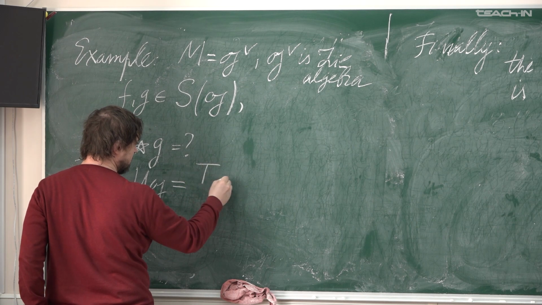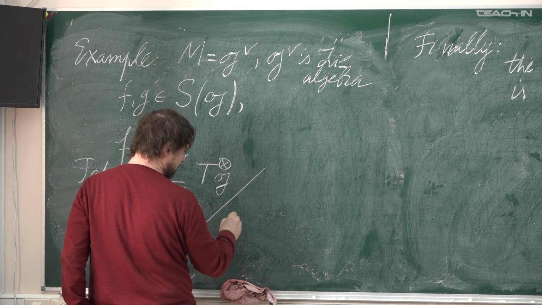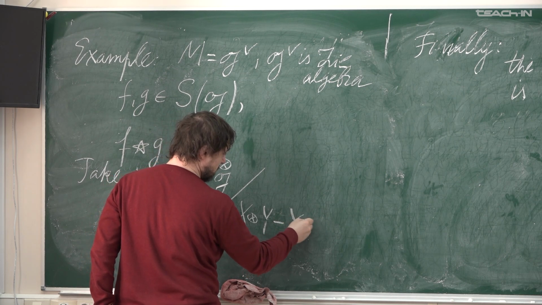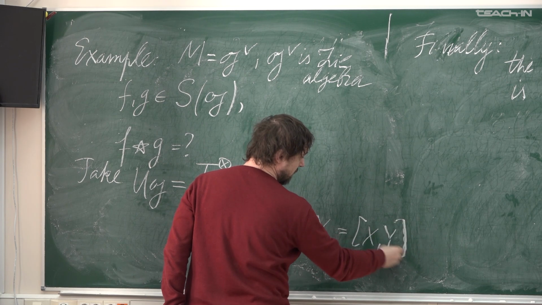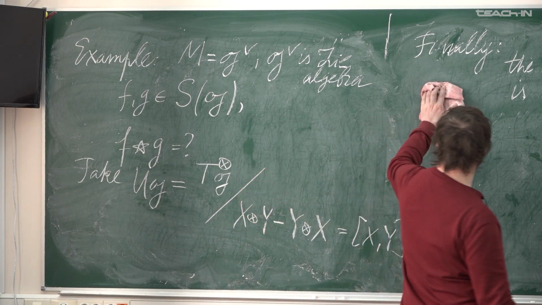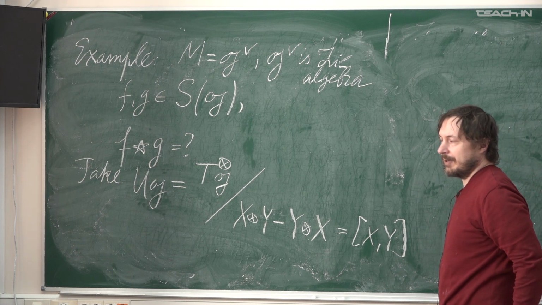Let me recall that it is just the tensor algebra of g, where you quotient out by the relation x tensor y minus y tensor x is equal to the commutator of x and y in the algebra sense. Then by the Poincaré-Birkhoff-Witt theorem, there are different ways you can formulate and prove it. I will need the following rather explicit construction.